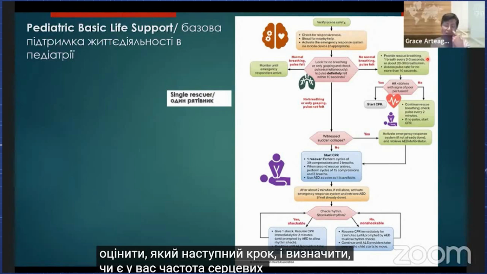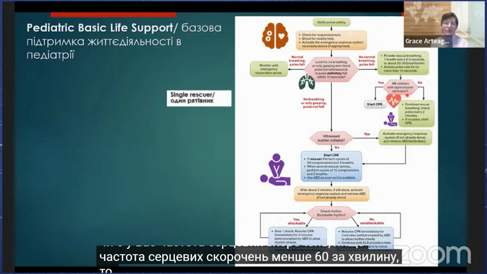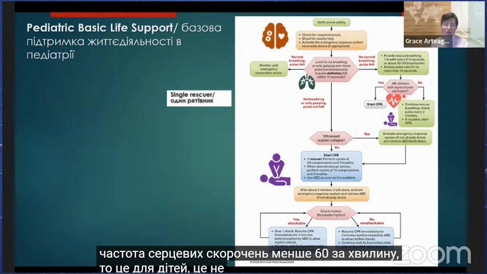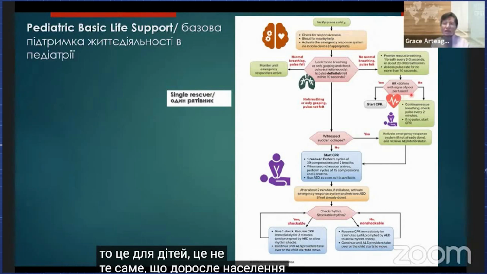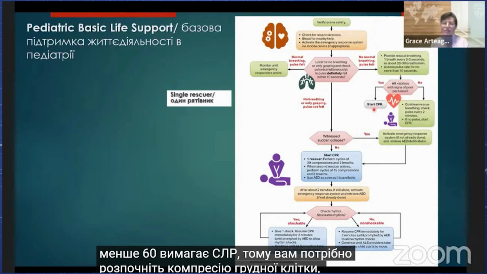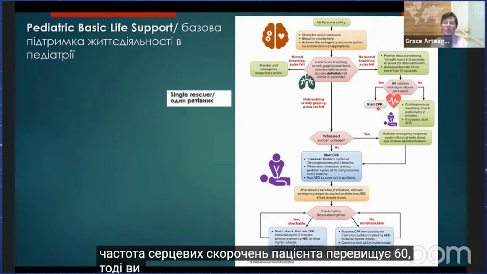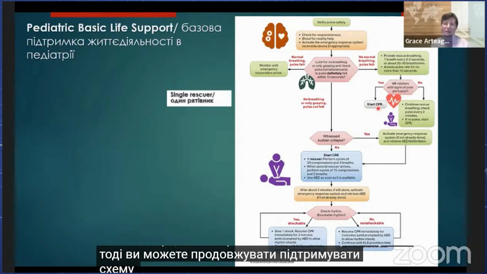If the heart rate is less than 60 per minute, and this is for children, this is not the same as the adult population, less than 60 requires CPR. So you need to start chest compressions.